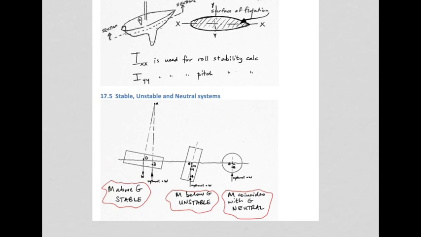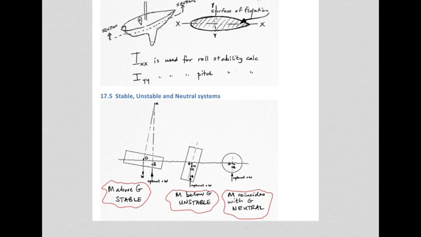If on the other hand we were to use this instance, a rectangular shape on edge, we would clearly find that it is unstable, and the reason for that is M is below G. And lastly, if we were to put something perfectly round in the water, like a log, a tree log rather, you would find that it's completely neutral, meaning that wherever you displace it, it would simply stay there.